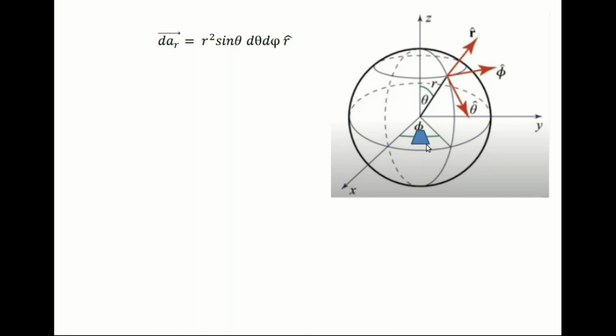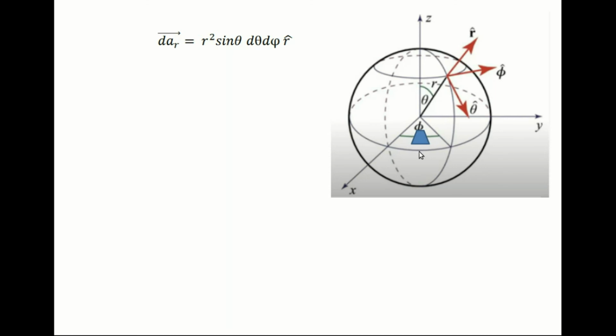This is dl phi and this is dlr. This patch of area will have the direction perpendicular. So, which is the direction perpendicular to this patch? That will be theta cap, from the z-axis to this patch, downward of this patch.